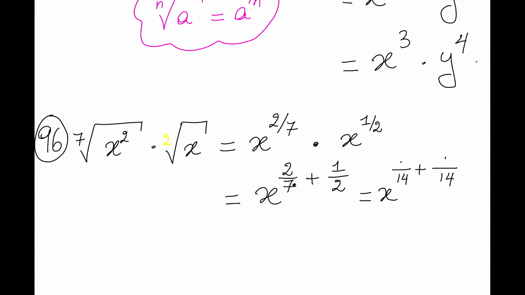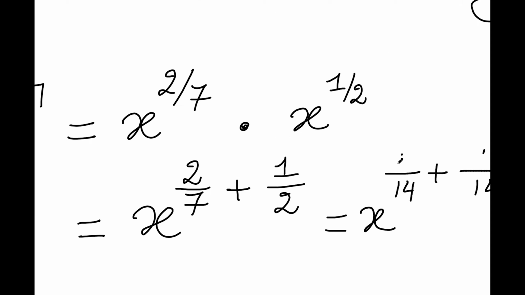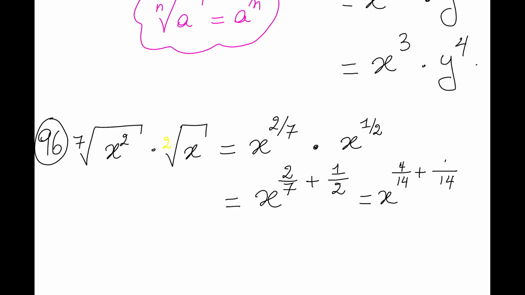Well, to go from 7 to 14, multiply by 2. If you multiply here by 2, you gotta also multiply upstairs by 2 to preserve the value of this quotient. 2 times 2 is gonna be 4 over 14. 4 over 14 is the same as 2 over 7. You can redo it by simplifying by 2. And 1 over 2 is something over 14.